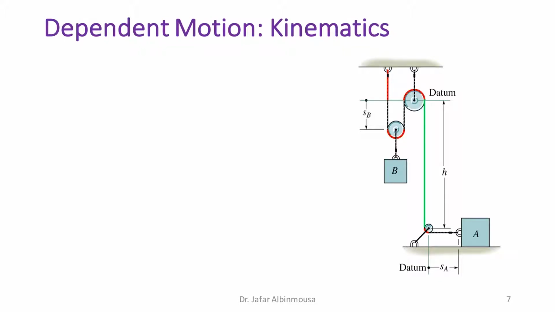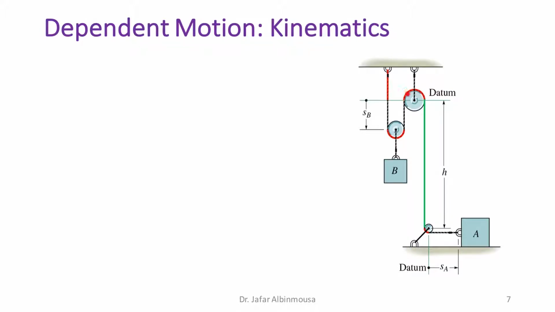So for this one, as you see, we set up two different datums. One here, fixed, for A. So as A moves to the right, it's considered to be positive. If A moves to the left, it's considered to be negative. And as we see here, we marked the red little segment on the pulley, so it is fixed.